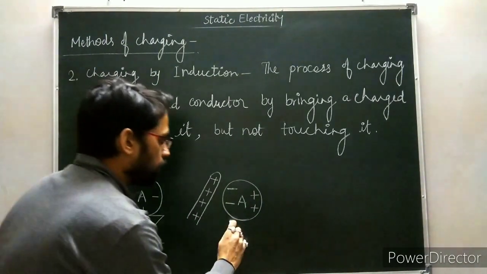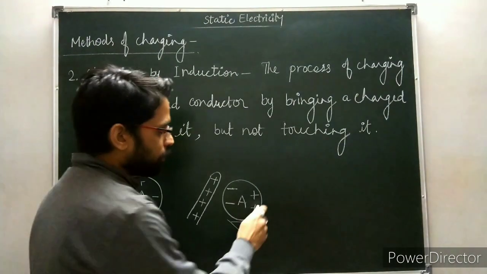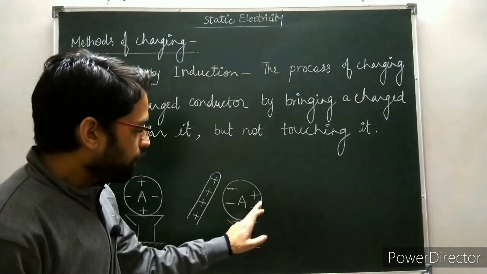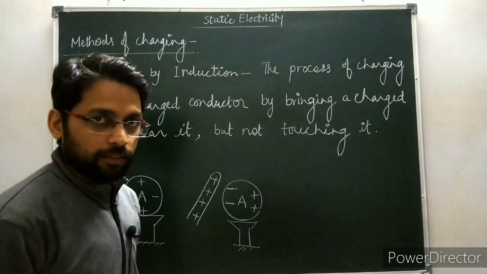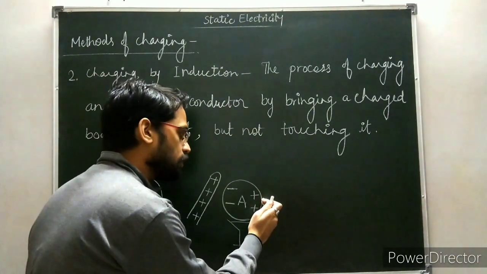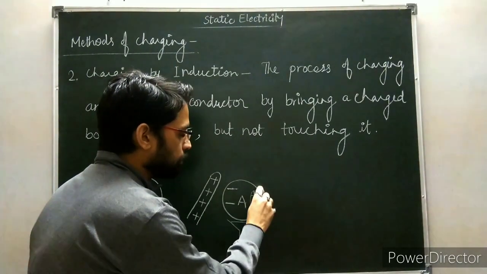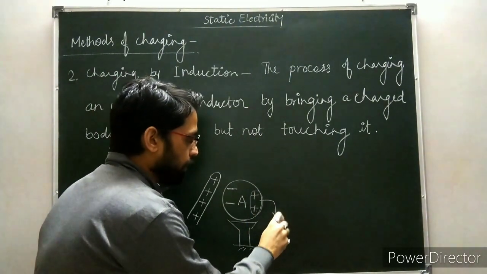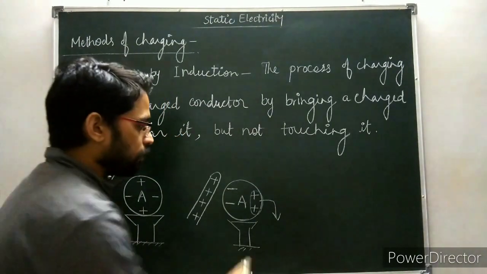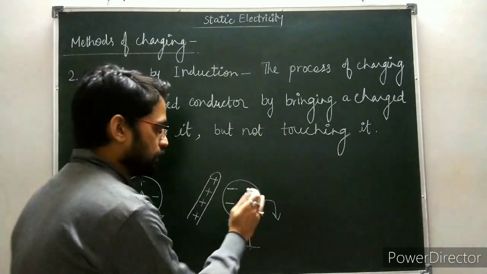Now in this situation, when you touch this end of the conductor with your hand, the whole positive charge will sink into your body. The positive charge at this end will disappear when you touch it.